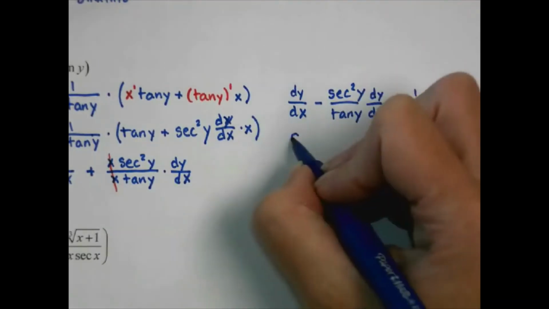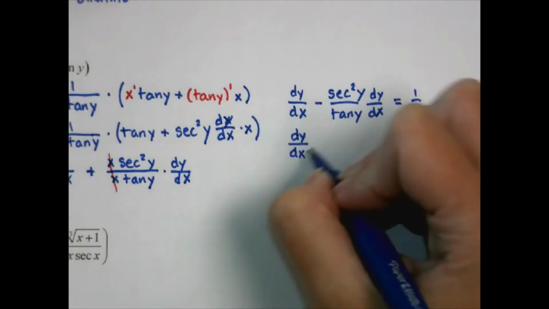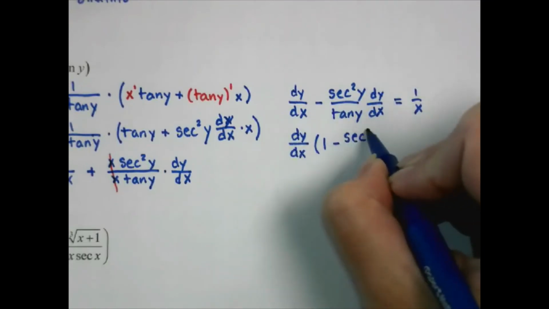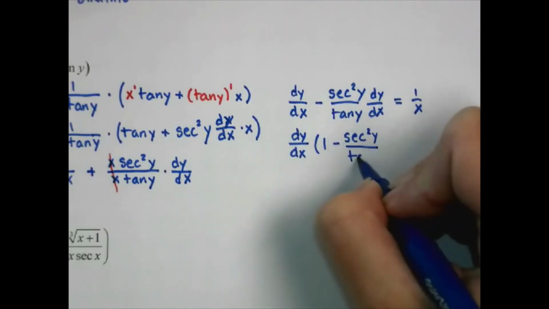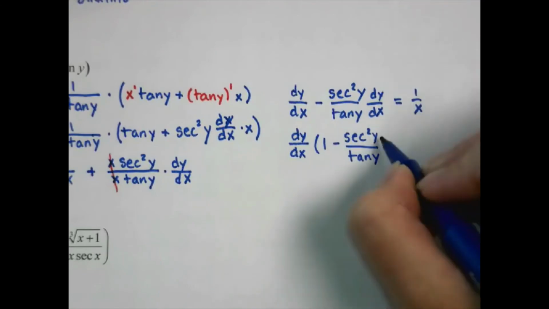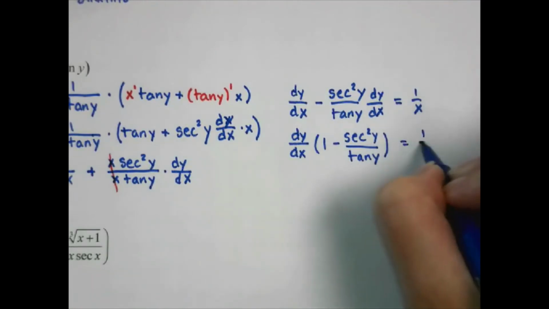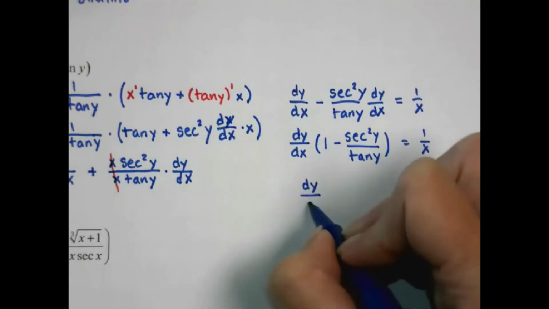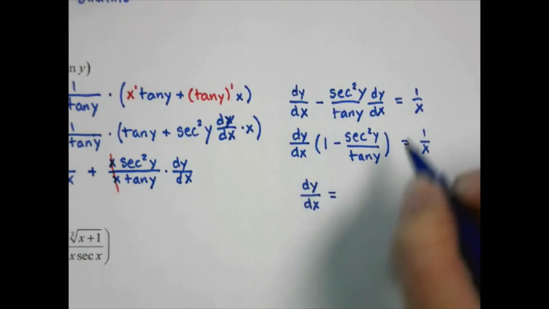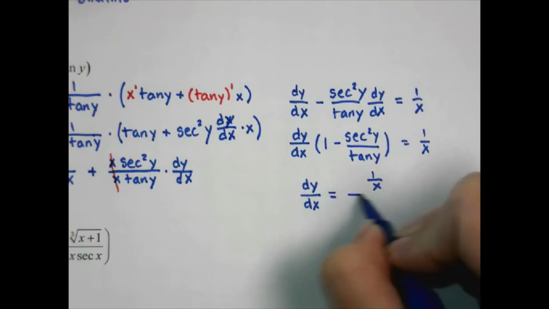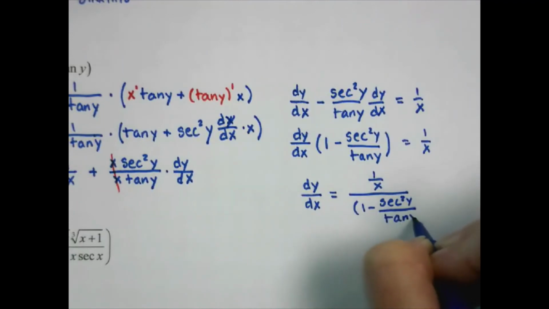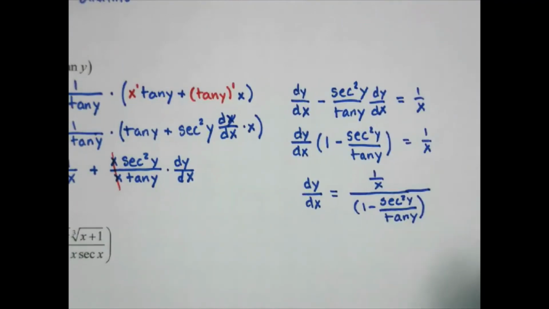So now I can factor. And then divide. It's going to be ugly, and you can simplify it if you so choose, but I'm just going to leave it as 1 over x over 1 minus secant squared y over tangent y.